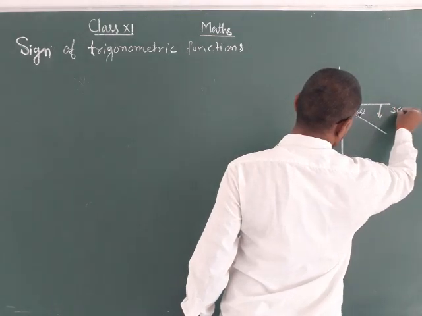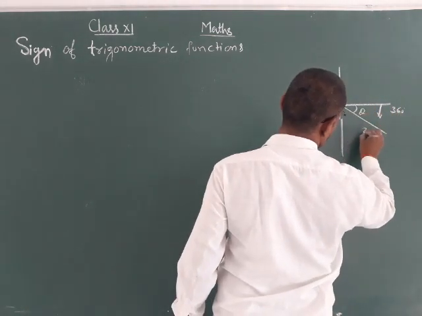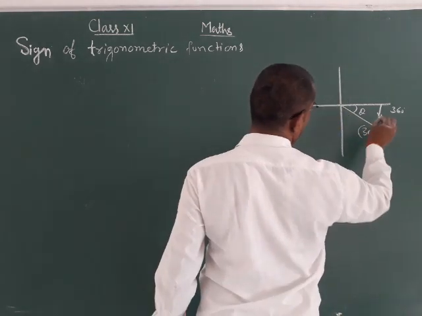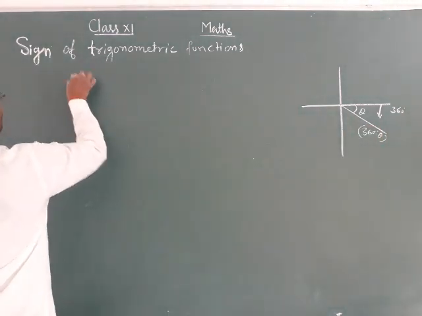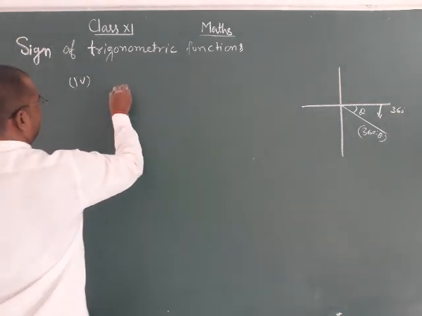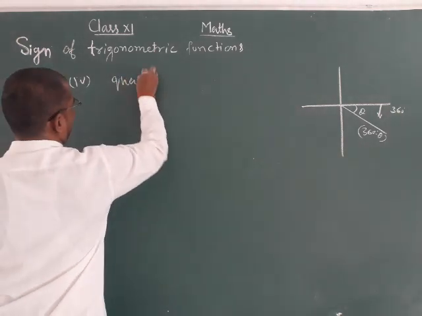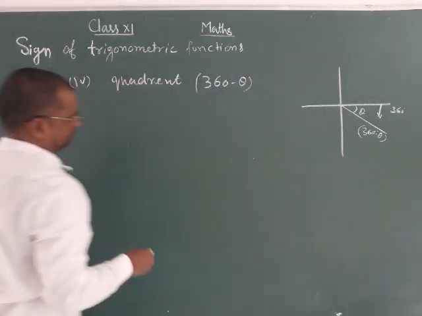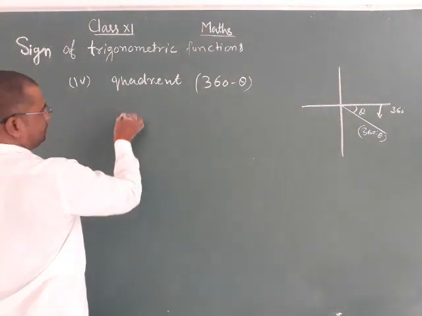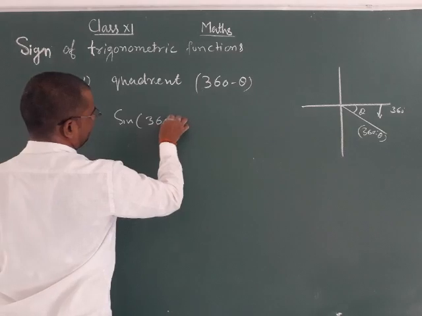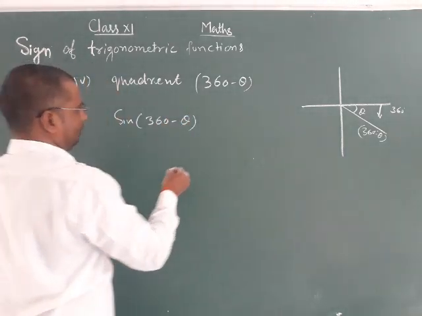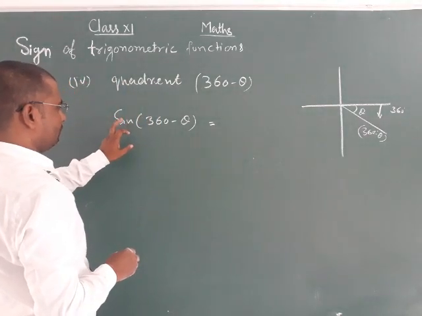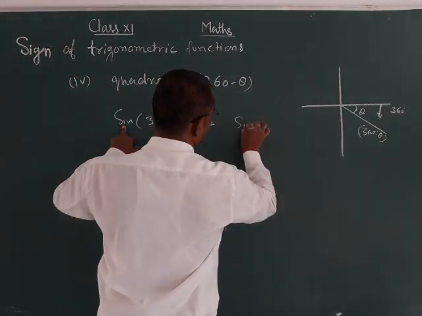This is 360, so the angle forms 360 minus theta, in the fourth quadrant. First ratio: sin(360 minus theta), with 360 there is no change in ratio, so sin theta.